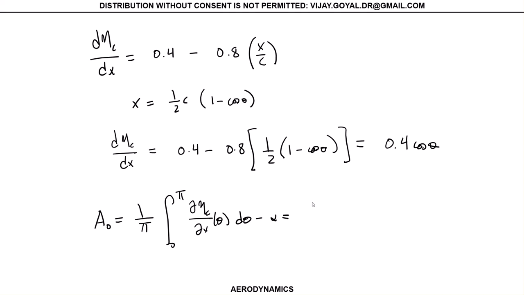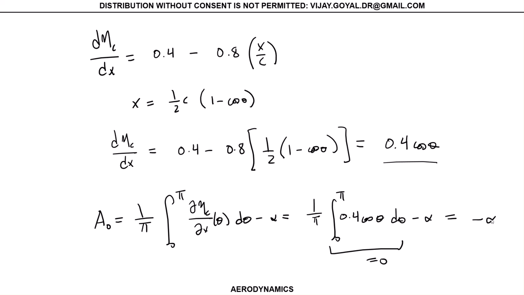And this whole expression is 1 over pi, integral from 0 to pi of 0.4 cosine of theta, you can see it right here, d theta, minus alpha. The integral is equal to 0, so this whole expression is equal to minus alpha.